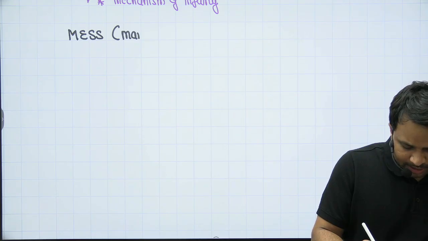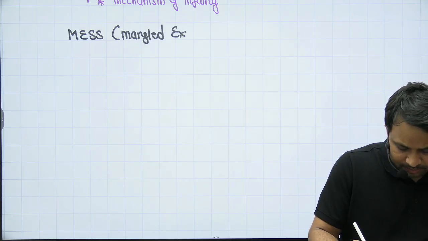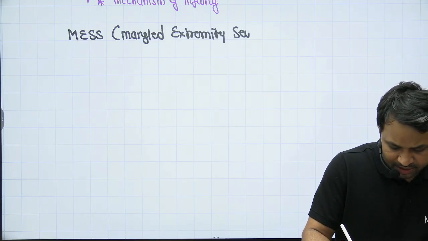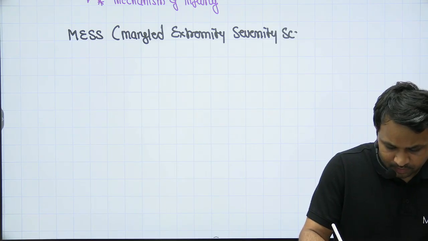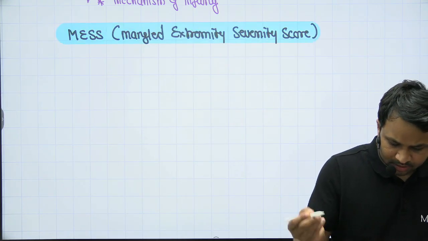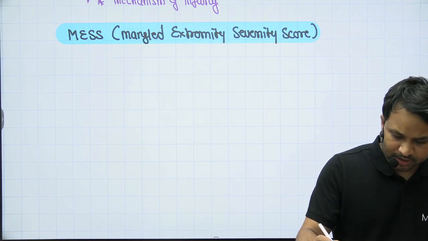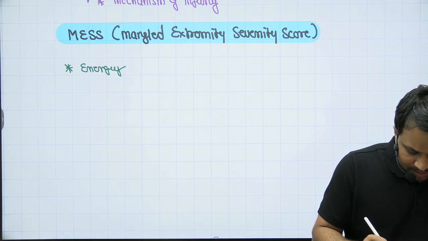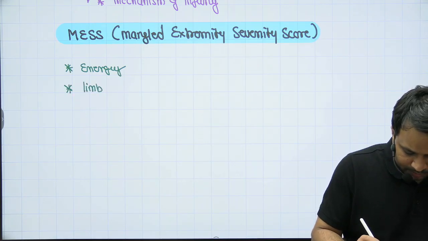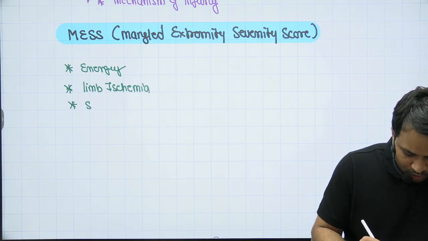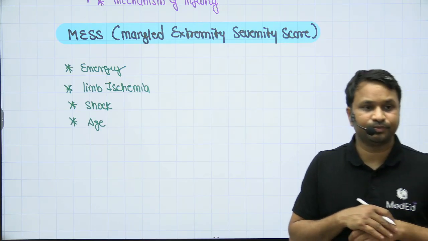That is the Mangled Extremity Severity Score, where we will consider the energy with which the injuries occurred, the status of limb ischemia, the status of shock, and the age of presentation.